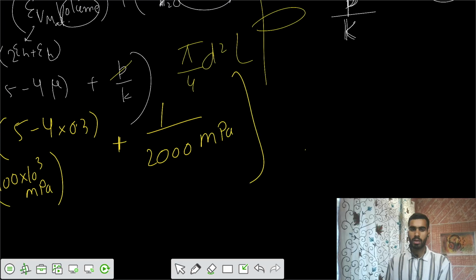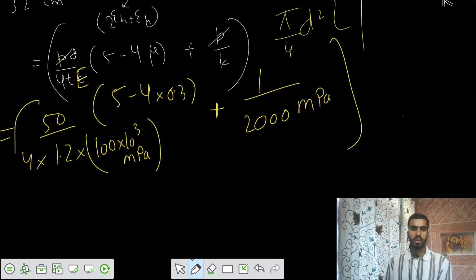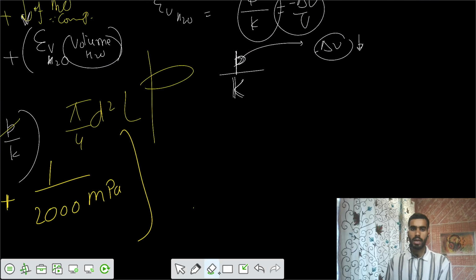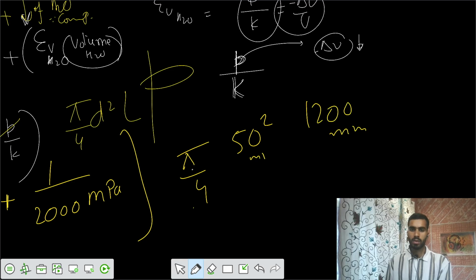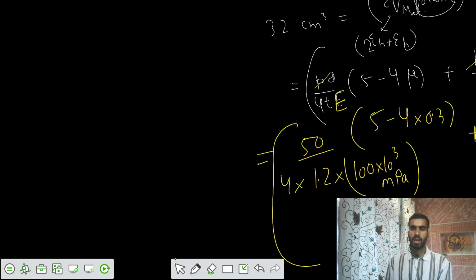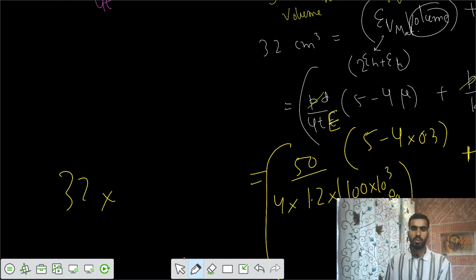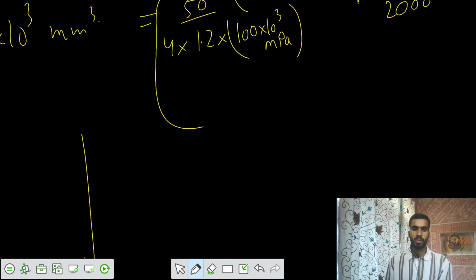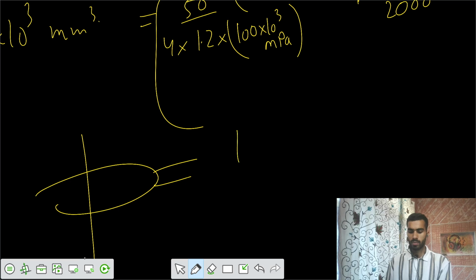You multiply that entire term with the factor of pi by 4 times diameter square, 50 square, into length 1200 millimeter, into pressure P, and equate it with 32 into 10 to the power 3 millimeter cube. So we get the pressure equal to 15.17 megapascal.